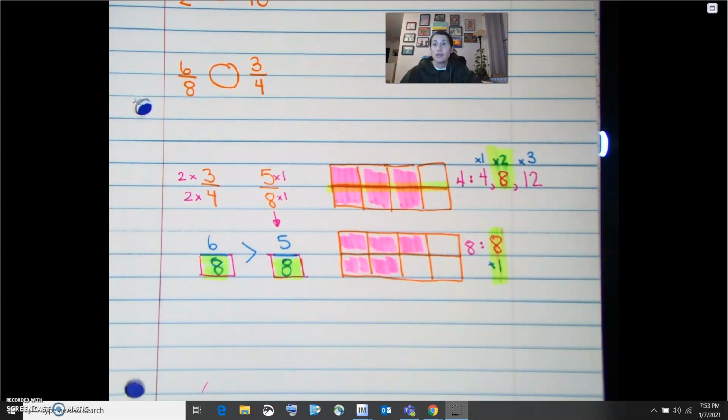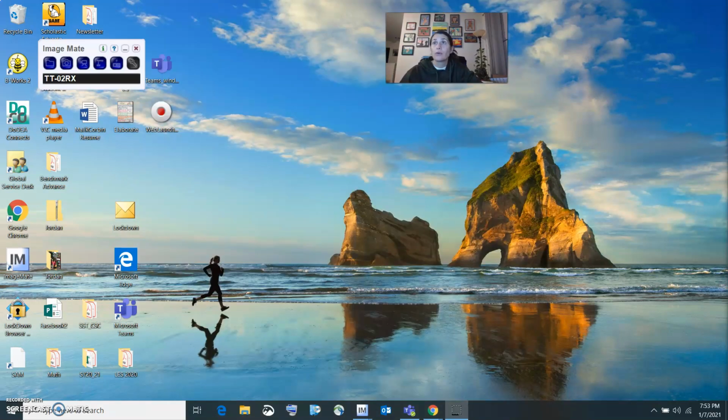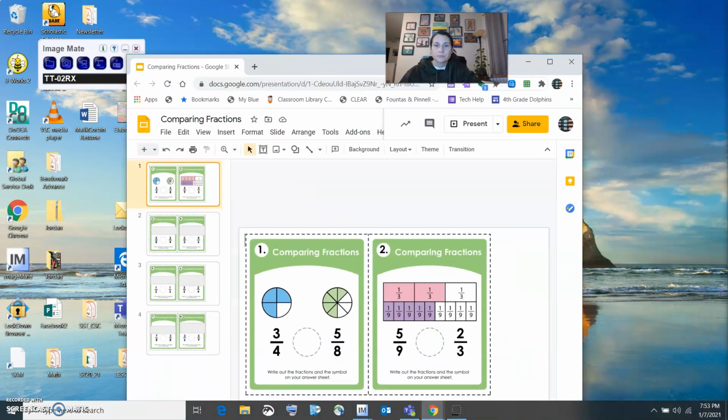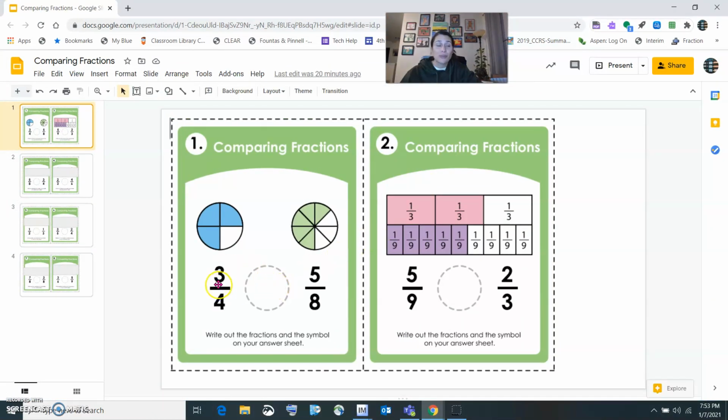Okay, so let me go ahead and show you another example. Okay, so here we go. Here's our 3/4 and 5/8 again, but this time it's with the circles. So it's a different shape. However, look at it. Is the 3/4 still bigger than the 5/8?